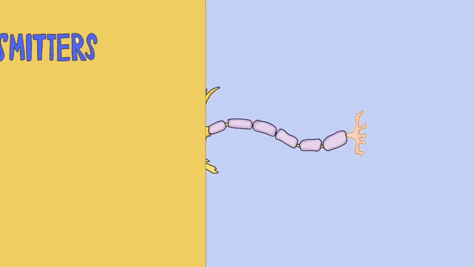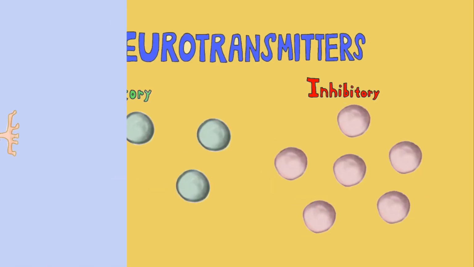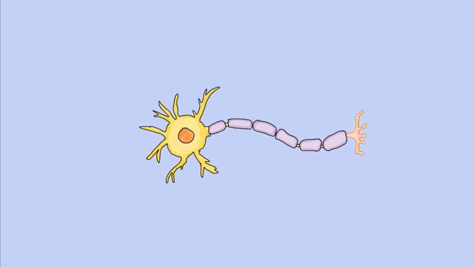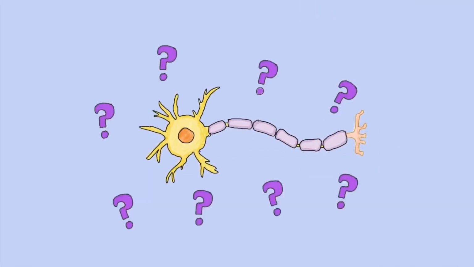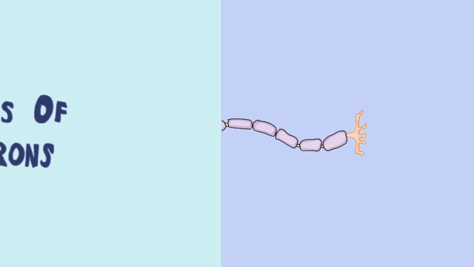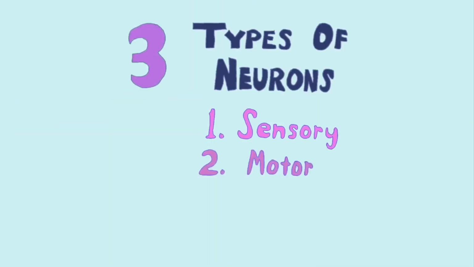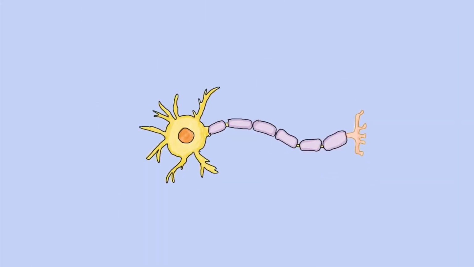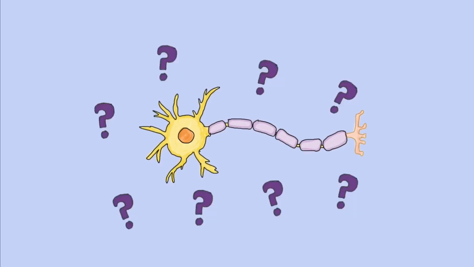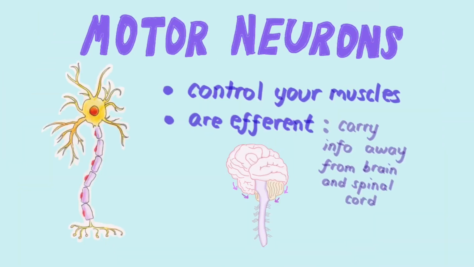Yes, they are excitatory and inhibitory. How many types of neurons do we have? There are 3, and they are sensory, motor, and interneurons. Which neuron sends signals away from your brain and spinal cord, sensory or motor? Motor is correct.